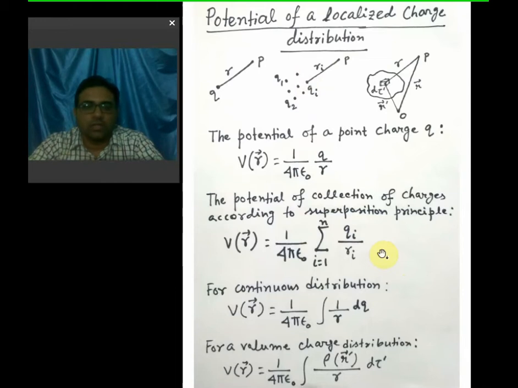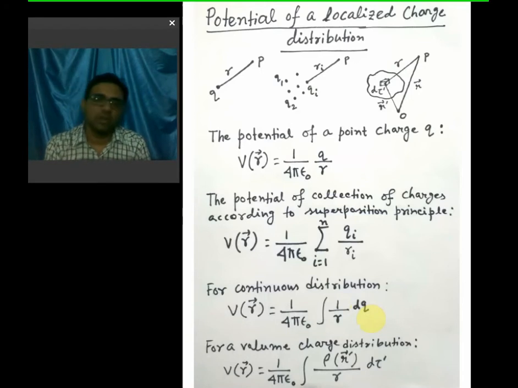Now for a continuous charge distribution, we have to replace this summation with an integration, and this dq is an elemental charge inside a charge distribution. The charge distribution can be a volume charge distribution, a line charge distribution or a surface charge distribution.